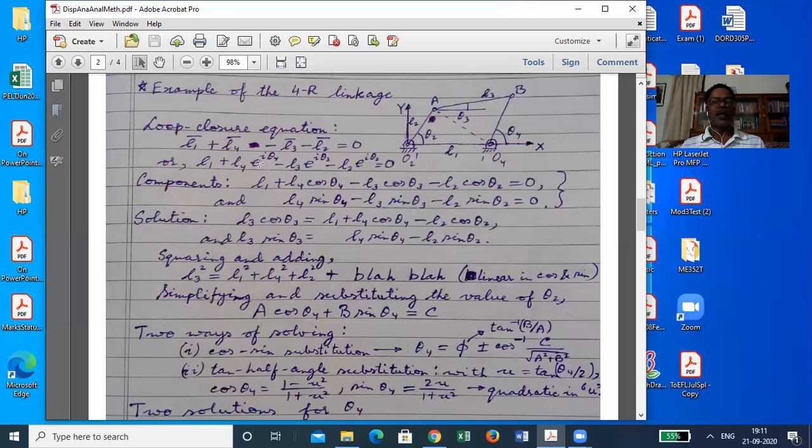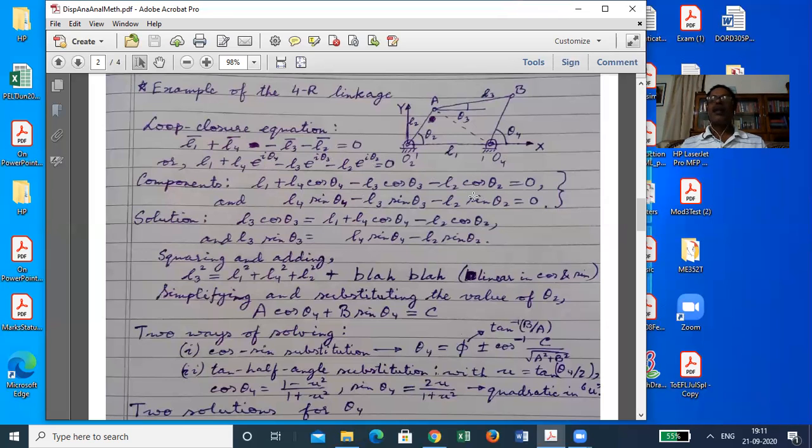So together you can write like this. Similarly, this and this. And now open up the real and imaginary components. So from here you will get L1 plus L4 cos theta 4 minus L3 cos theta 3 minus L2 cos theta 2, that is 0. And similarly, the imaginary component. Okay. So these are the two equations.